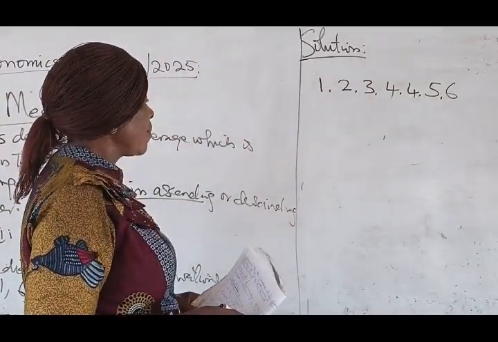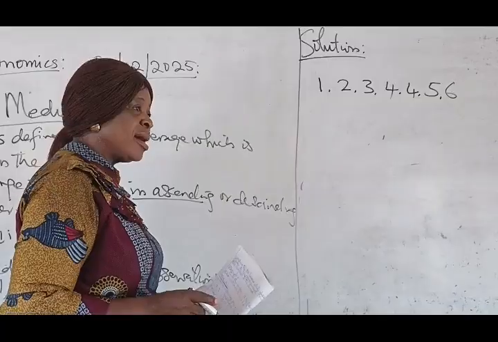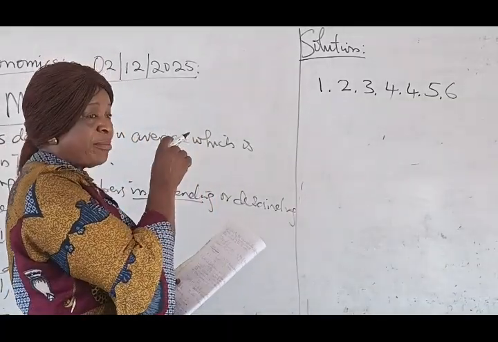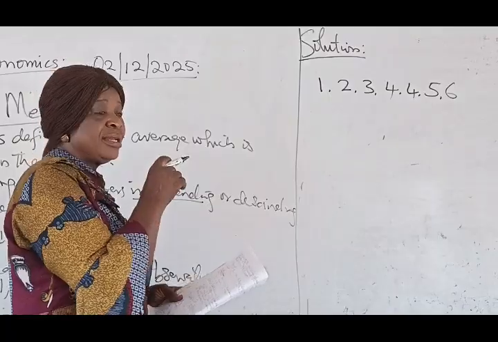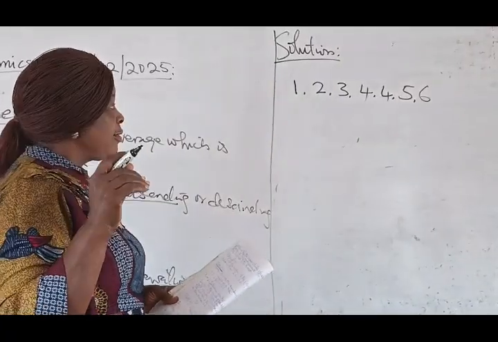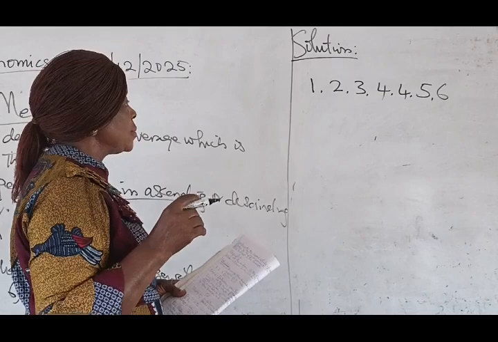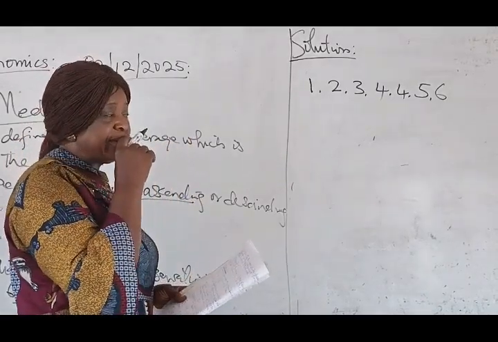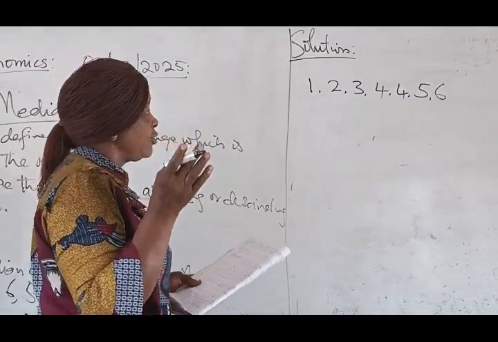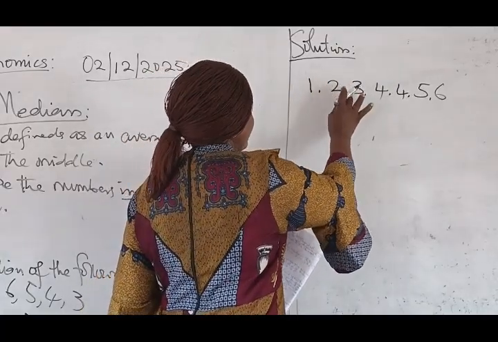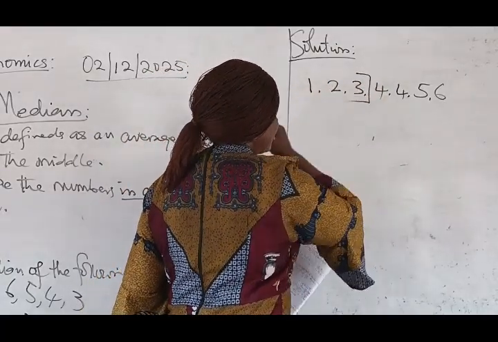For you to find the number in the middle, because we are told that the median is the number in the middle, you can count 1, 2, 3 and put a demarcation.